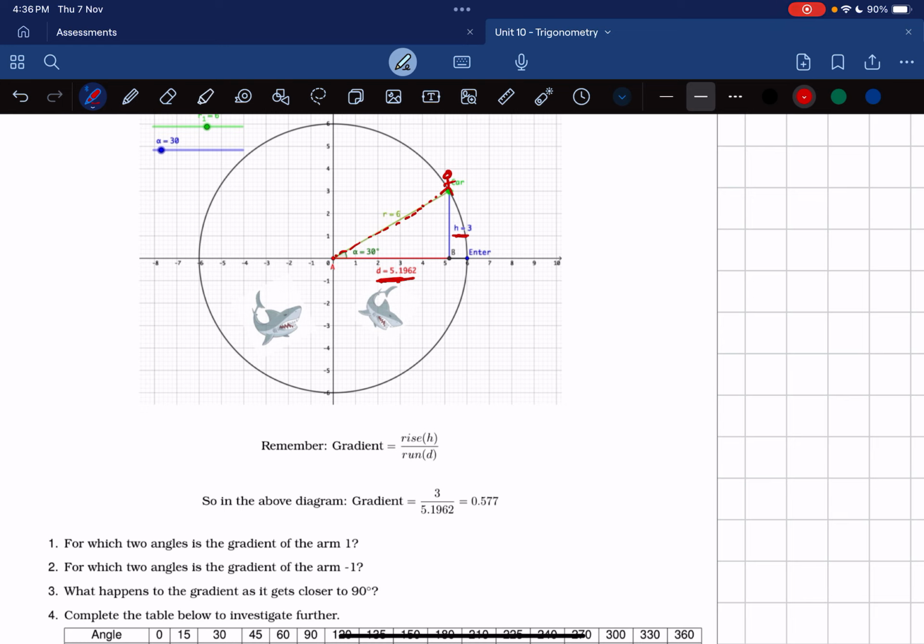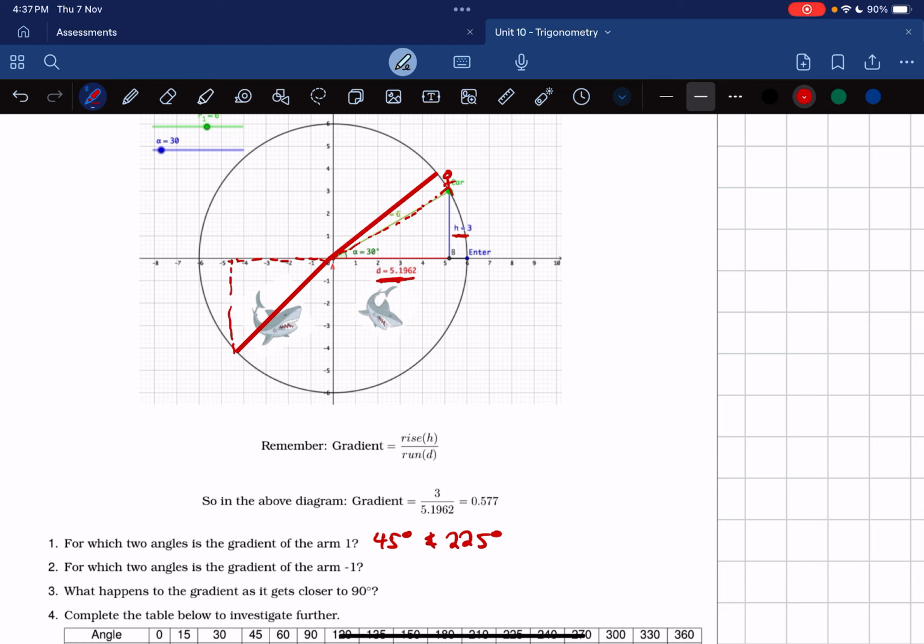And we determined that to be 45 degrees as well as 225 degrees. So 45 degrees is somewhere around here, and 225 is somewhere around there, right? Okay, so those angles are going to give us the same distance, okay, horizontally as vertically.